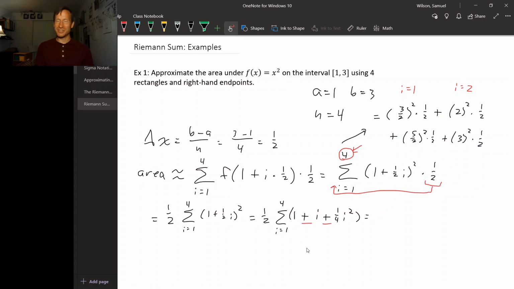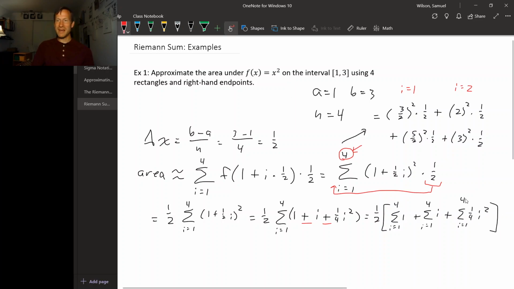Remember, we're not actually distributing; what we're actually doing is using associativity and commutativity of addition, but it looks like we're distributing that sigma. So we get the sum from i equals 1 to 4 of 1, plus the sum from i equals 1 to 4 of i, plus the sum from i equals 1 to 4 of 1 over 4 times i squared.